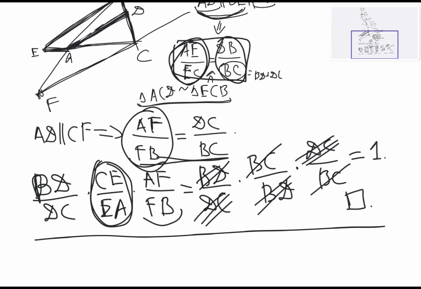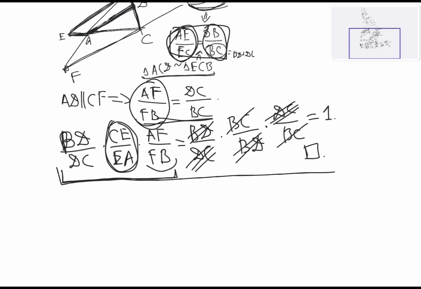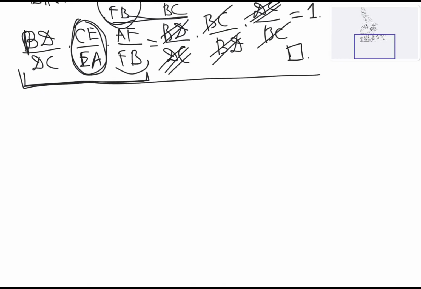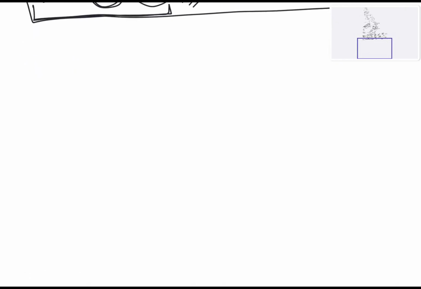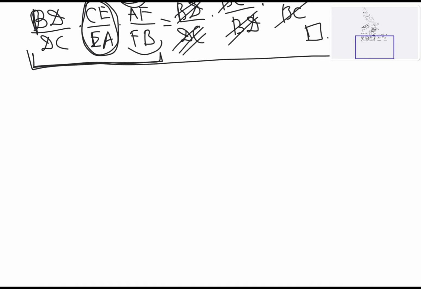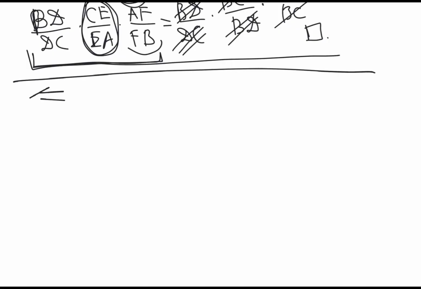So if the lines are parallel to each other or intersect at a single point, then the product of this ratio is equal to 1. So now the converse statement: suppose that this product is equal to 1. So basically the opposite statement, right? The converse statement.